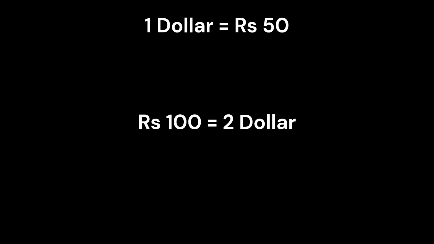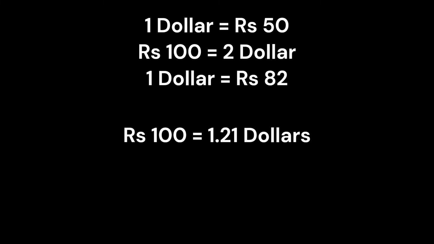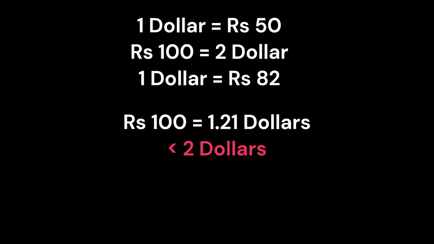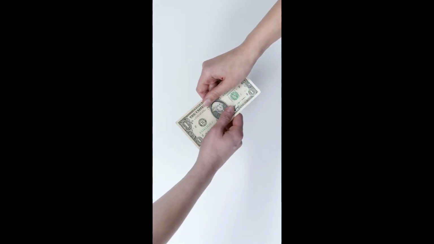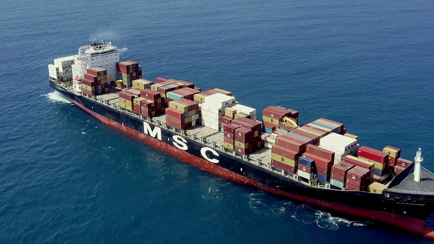If $1 is equal to 82 rupees, then for 100 rupees we get $1.21. This is less than $2. This scenario is good for India because we get more dollars for fewer Indian rupees, which would increase our foreign reserves and eventually our imports.